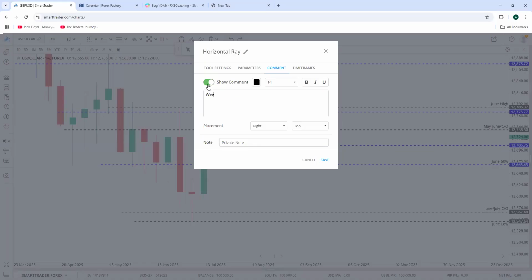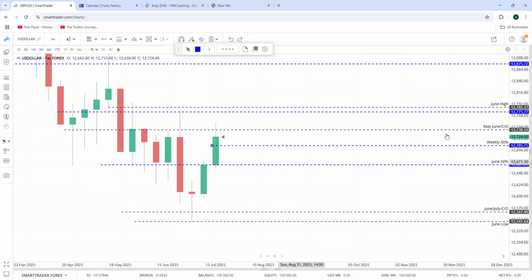Weekly 50%. Now you can color these different colors if you want to, so it can help you signify which is weekly, which is monthly, and all that kind of stuff. But as you can see, my 50% is on the monthly. I always put the month, and then I do the weekly. I like them in blue. You can do whatever you want.